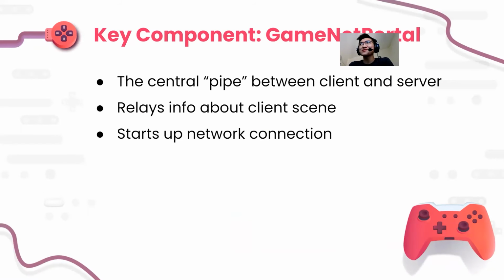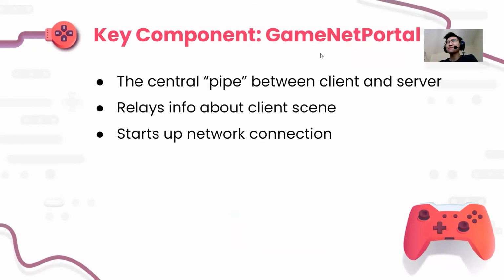So the first key component to look at here is the GameNet portal. This is something that comes with the project, right? The developers of Unity made this component. It's a little tricky to wrap your head around because it serves different purposes, but its core feature is that it serves as one of the shared components between the client and the server.